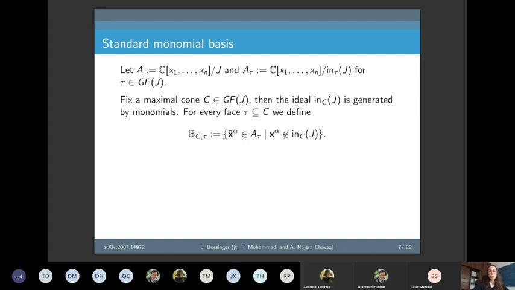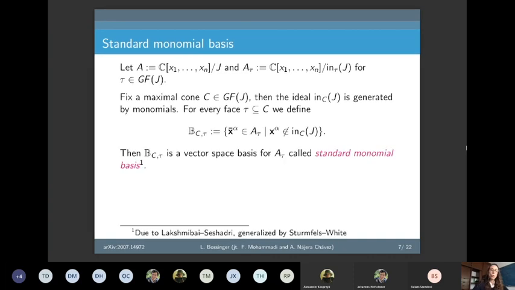And in this quotient, I consider those cosets of monomials that do not lie in the initial ideal with respect to my maximal cone. So in particular, this set is a vector space basis for the quotient A tau. If I choose for tau the cone C itself, then this statement should be quite obvious, because this is then simply the set of monomials that are non-zero in the quotient.